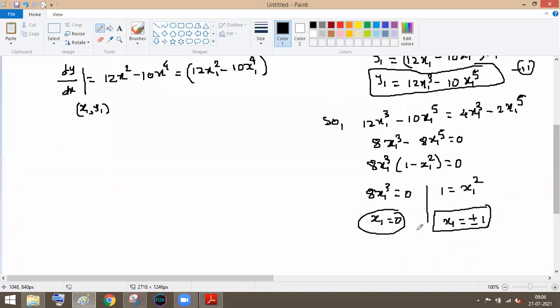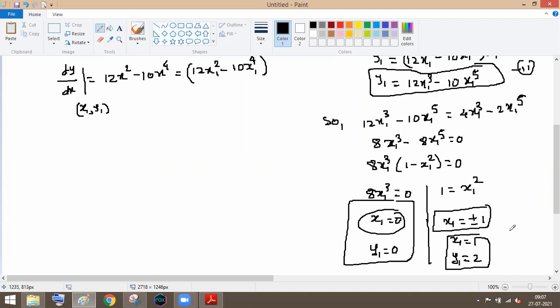Now when you put x1 equal to 0 in this equation, you will get y1 equal to 0. So this is one pair of the point. Another pair of the point, when you take x1 equal to 1, you will get y1 equal to 12 minus 10, which is 2. So this is another pair of the points. And when you choose x1 equal to minus 1, you will get y1 equal to minus 2.